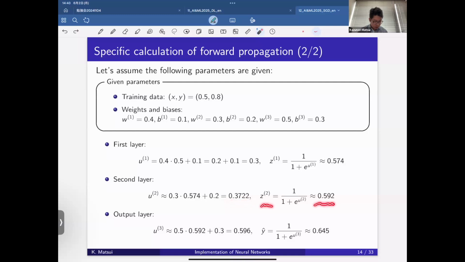Since 0.598 is determined, in the last output layer we multiply by the weight and add the bias. When we calculate this, we get 0.596. Finally, when we put it into the activation function again, we get 0.645.